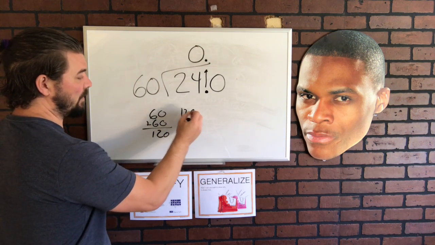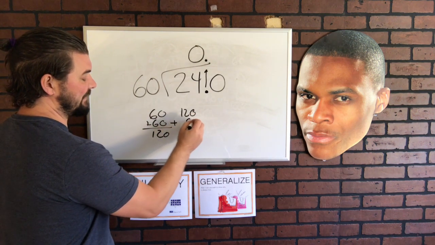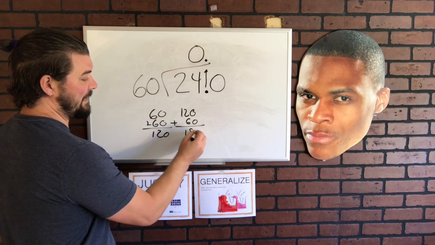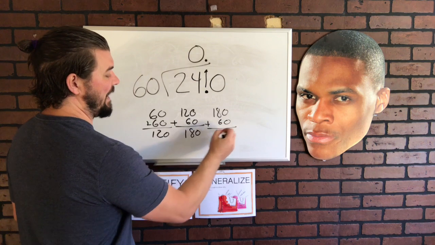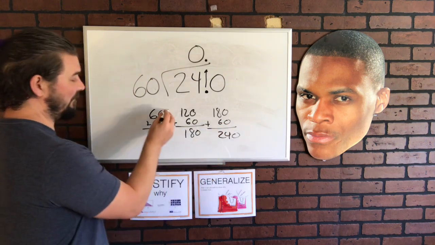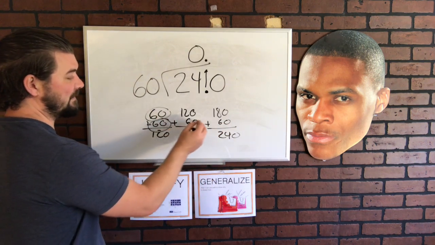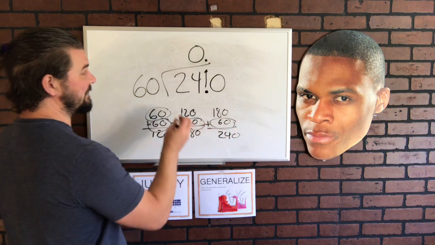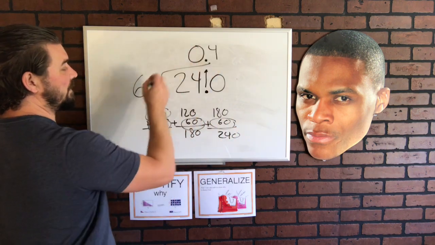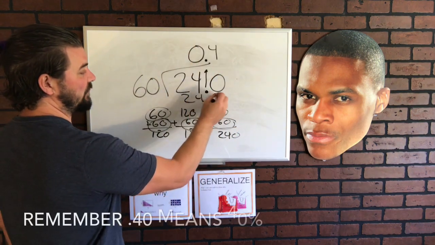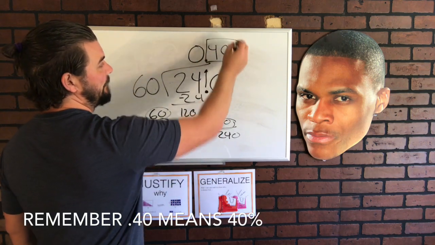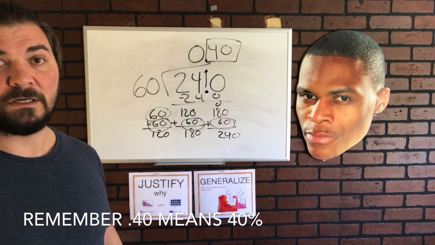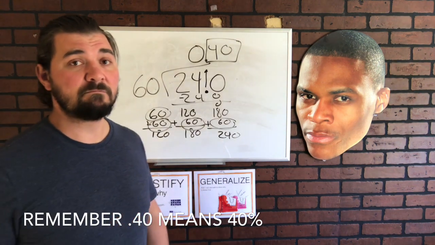We take 120 and I add another 60 and I'm at 180. I take 180 and I add 60 and I'm at 240. I have 1 60, 2 60s, 3 60s, 4 60s. 4 times 60 is 240. My percent is 40%.